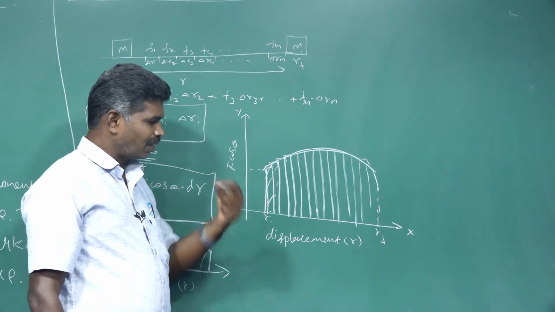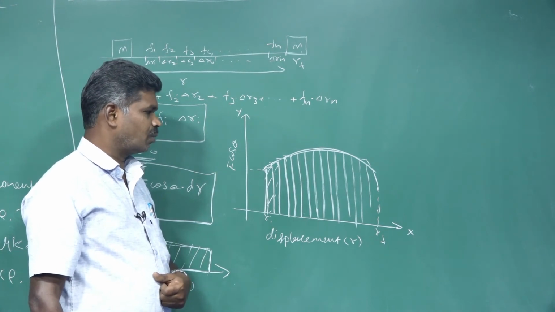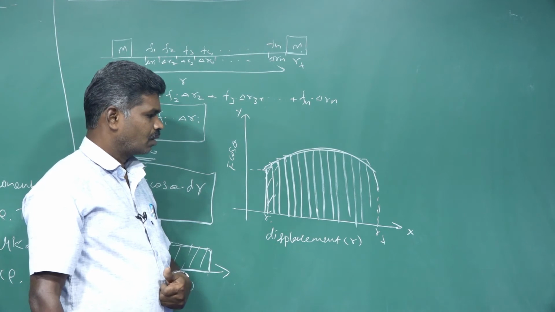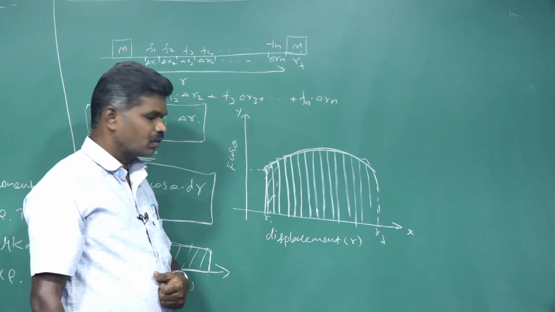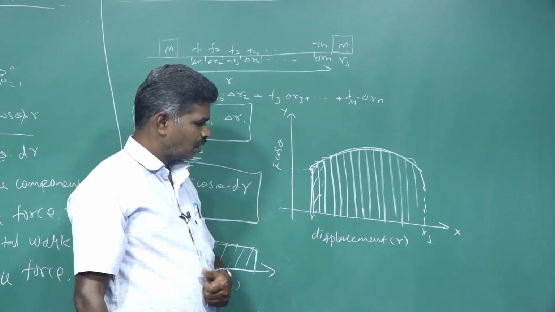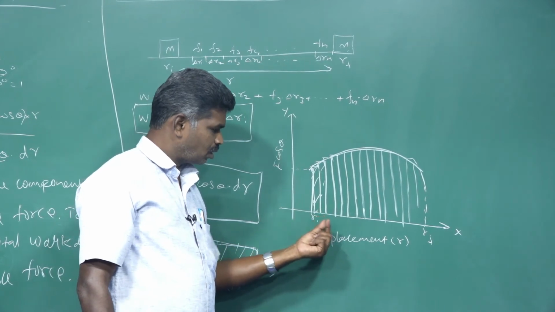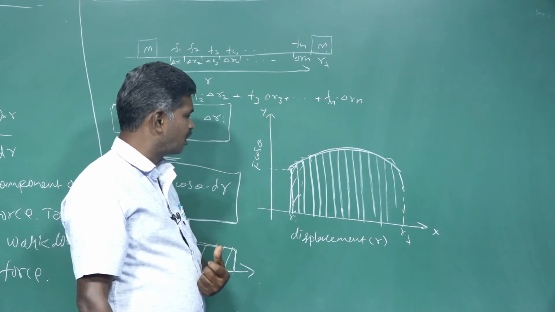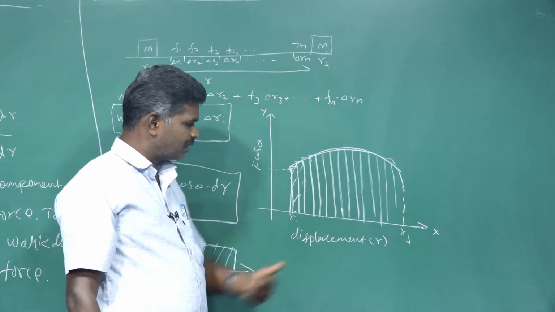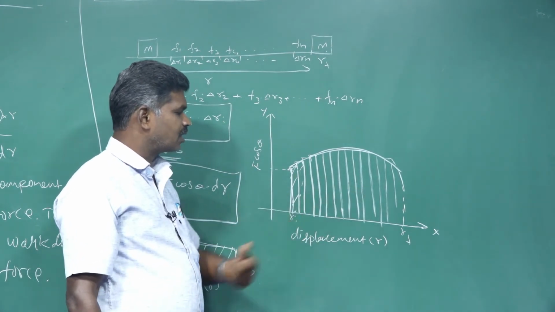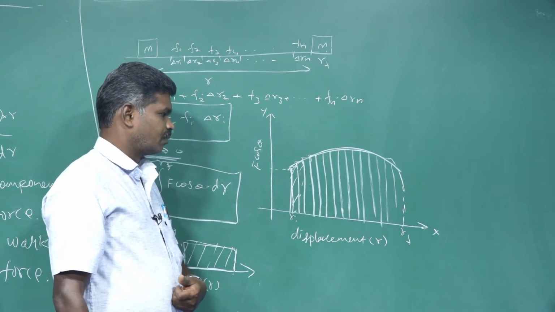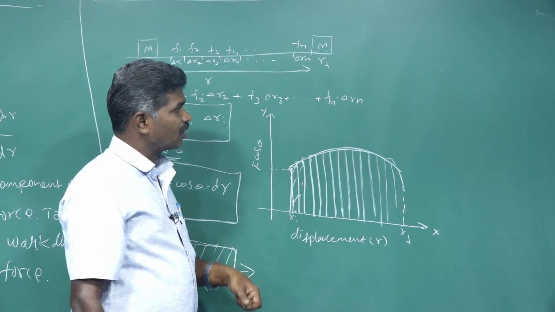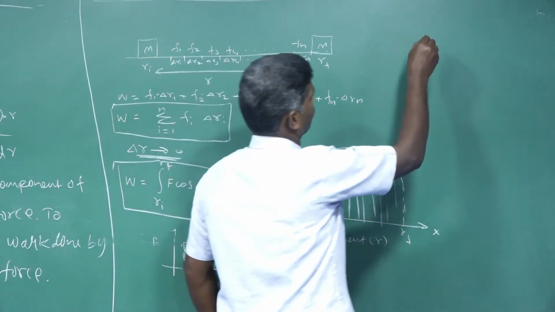From our work done formula, the product of force and displacement is work done, and here along the x-axis we have displacement and along the y-axis force. So if you multiply these two, we get the work done. In our general expression, the area under the curve is nothing but the work done.